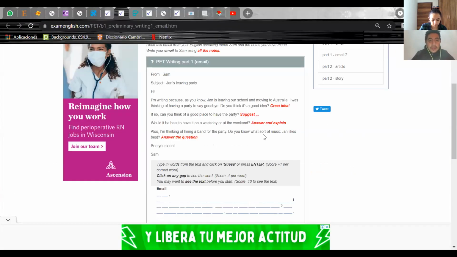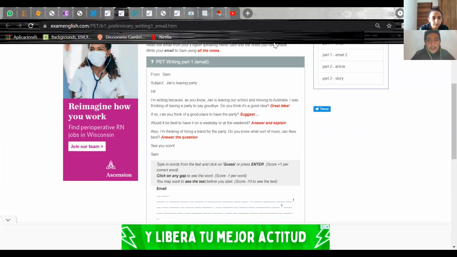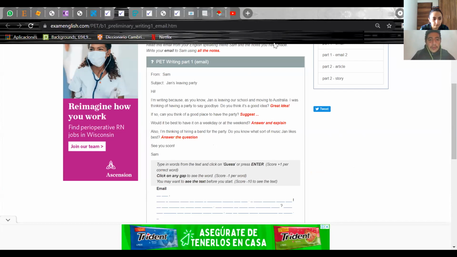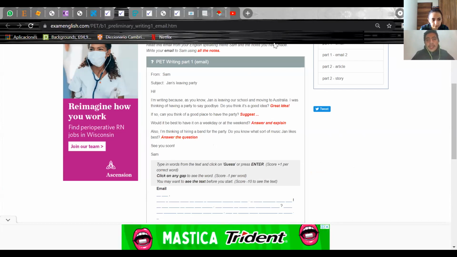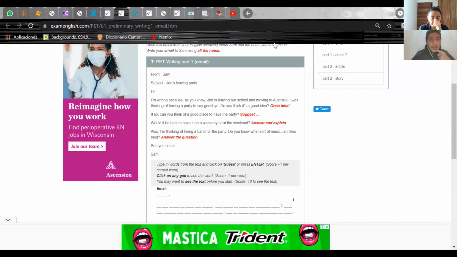So for this reason, in here we're going to read this part first, and we're going to review some tips to write a formal versus an informal email.